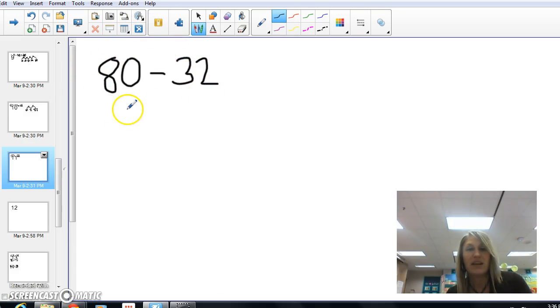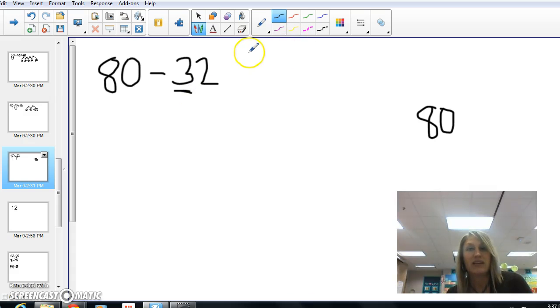If we look at 80 minus 32 here, just like every other time we've tried the takeaway method, we write down our biggest number, which is 80. Then we take a look at this 32 and think about what it's made of. It's not just a single digit, so we have to look at both digits. Here we have a 3, and what place is the 3 in?